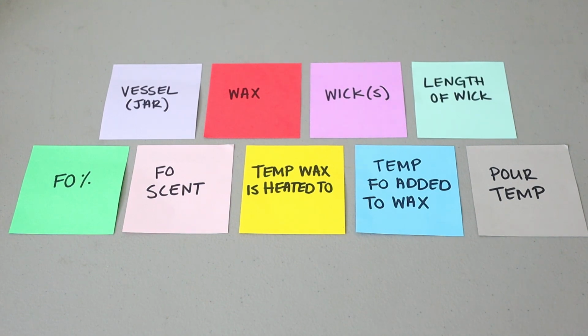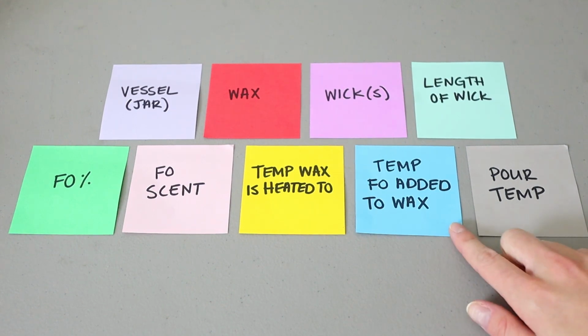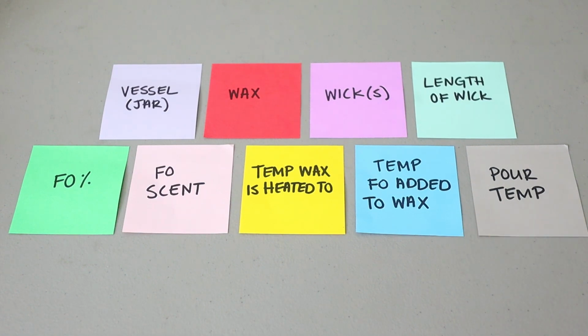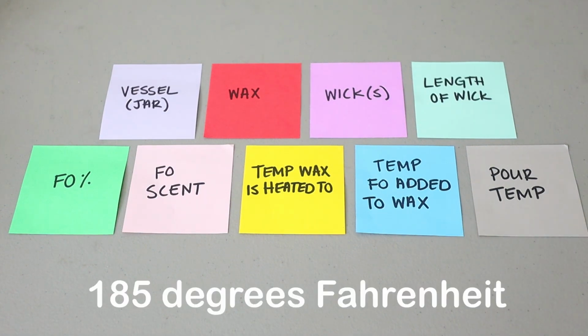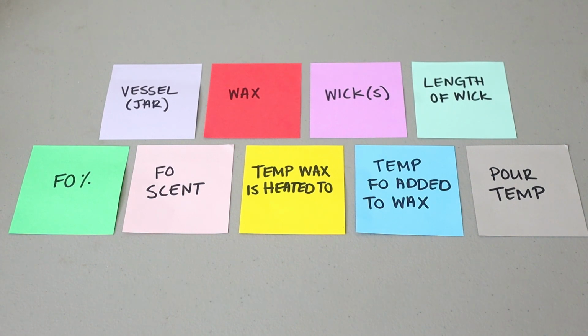You always want to make sure, no matter what wax you are working with, that you are adding in the fragrance oil at a temperature of 185 degrees Fahrenheit. That is the temperature that I add my fragrance oil to my wax with. And to be honest, this is the main part of my candle making process that I really pay attention to.